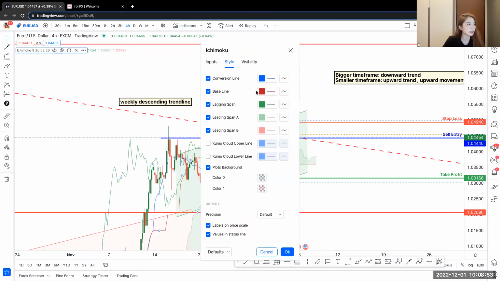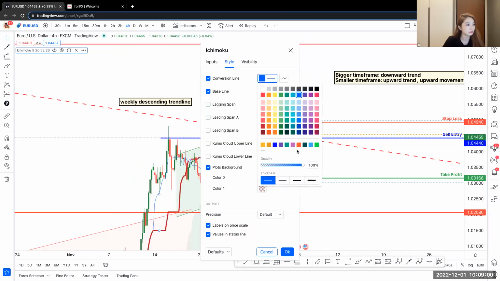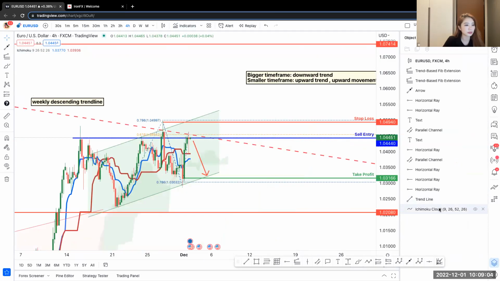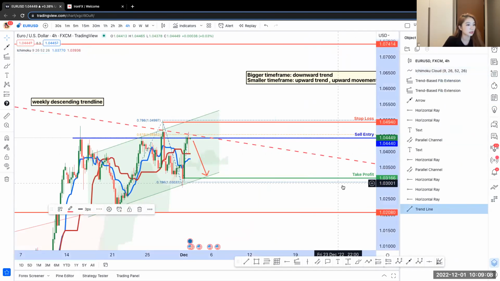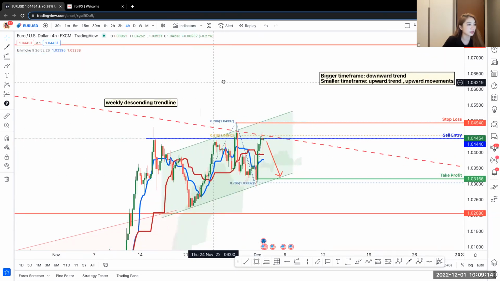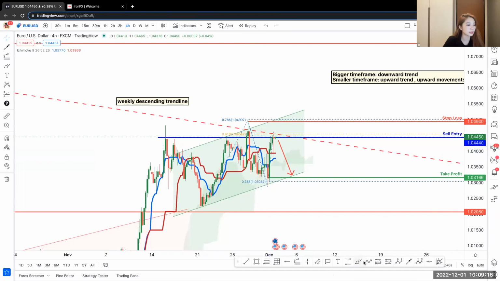However, if you take a closer look at this, you will be able to see that the red line, which is the baseline, has already crossed the conversion line, showing early signs of downward movement over here.